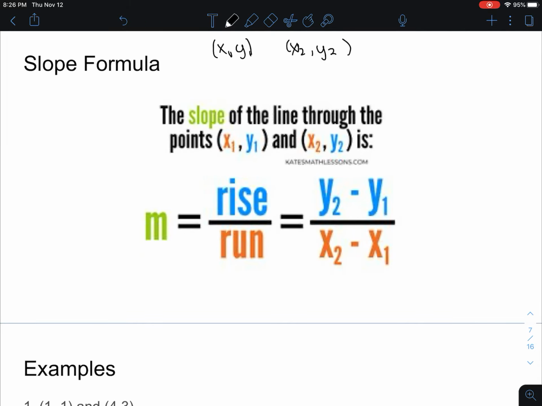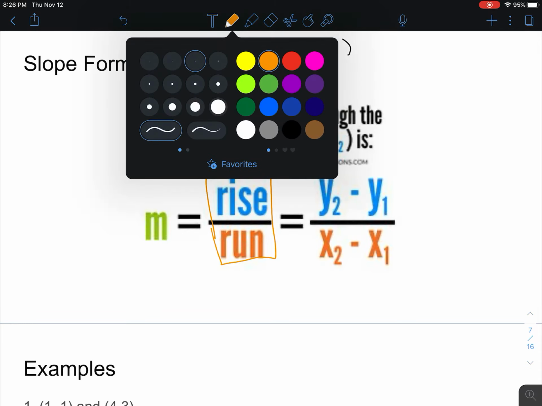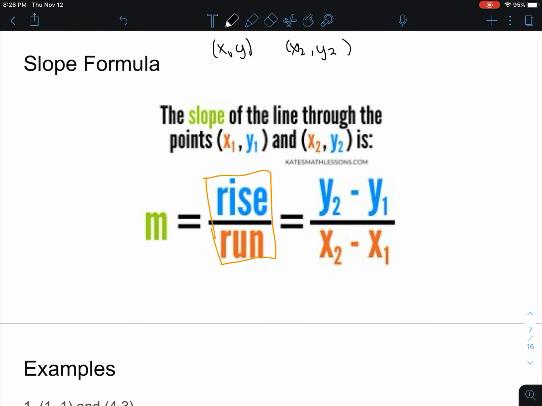So we know that it is rise over run graphically, and we can solve it algebraically by knowing our slope formula. So slope is m, and this is equal to y2 minus y1 over x2 minus x1.